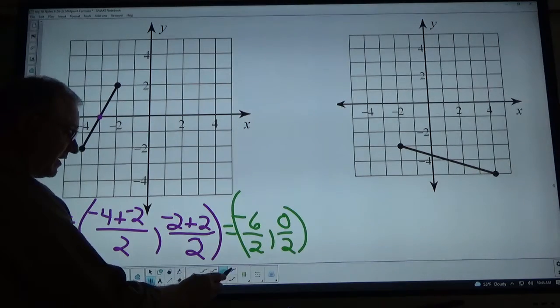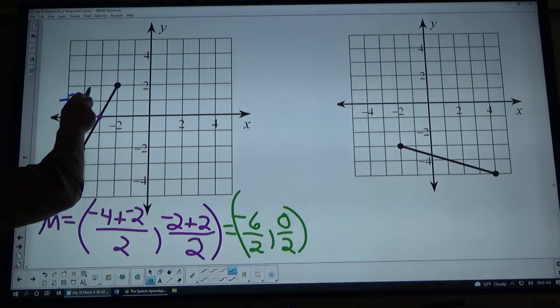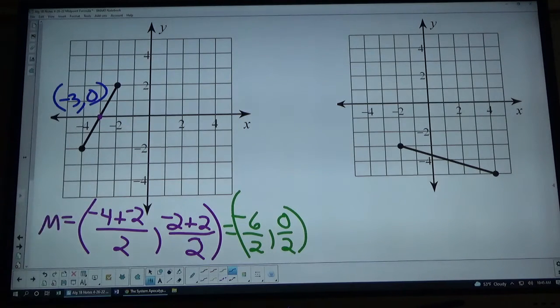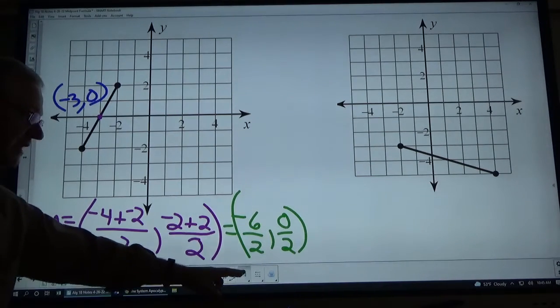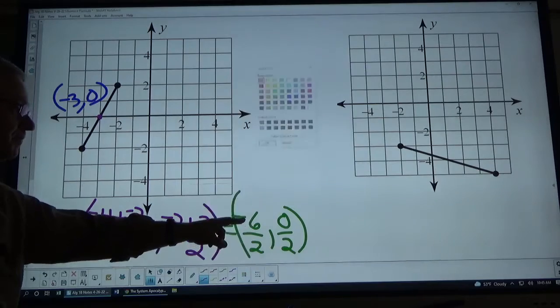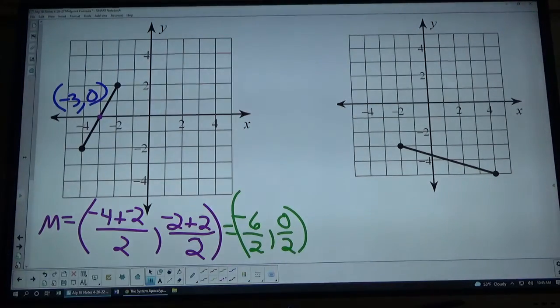Well, it turns out that our final answer here is negative 3, 0, which is this point, negative 3, 0. See if you can do that visually with the one on the right. And once you have done that, please try it with the actual coordinates. See if you're right.